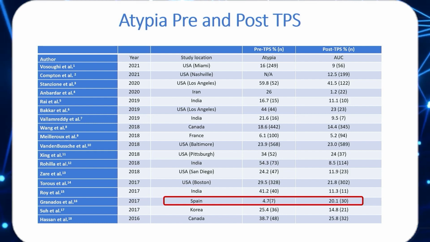One exception was Charo Granados' group from Madrid, Spain. Theirs went up. So the question has been asked from this group as to what happened. What happened was they changed the processing from, I believe, cytospins to ThinPrep. So again, it was a learning curve that came into play, and that's why this publication's still out there.